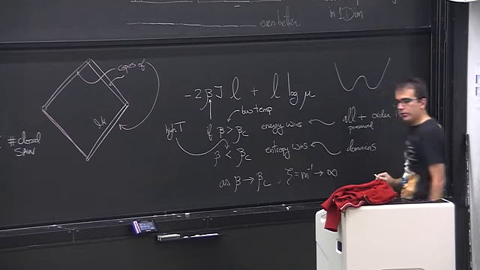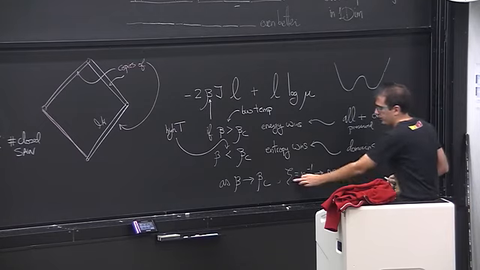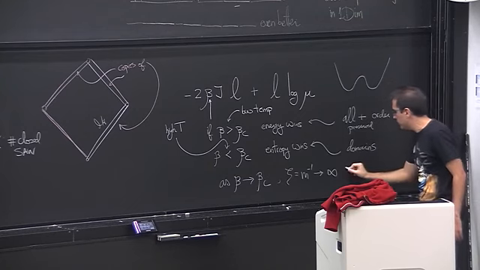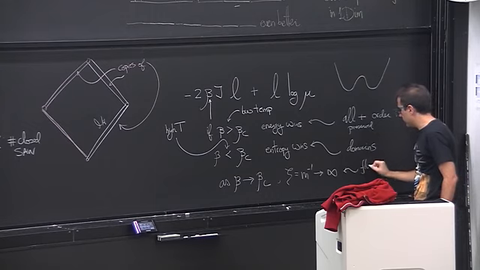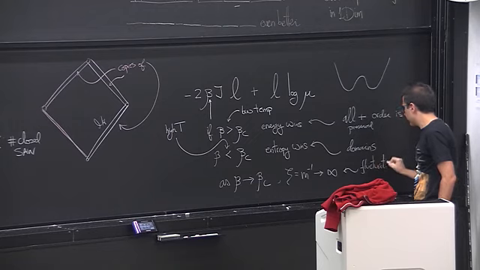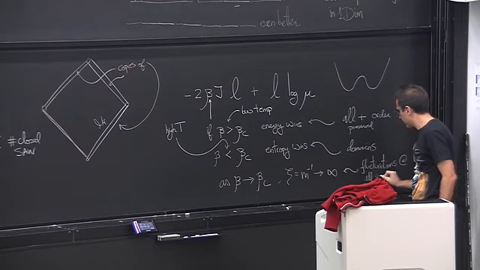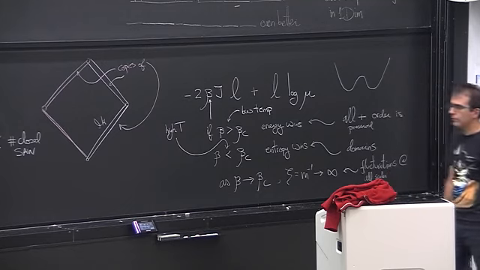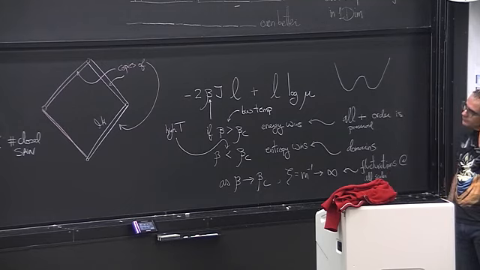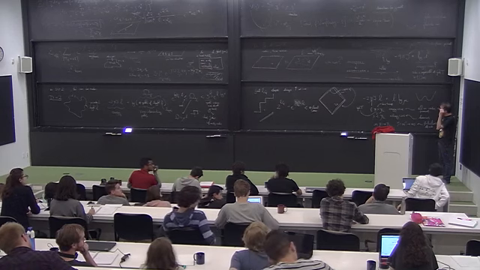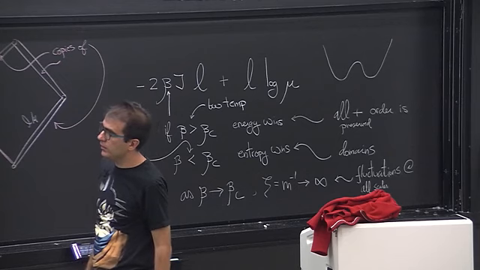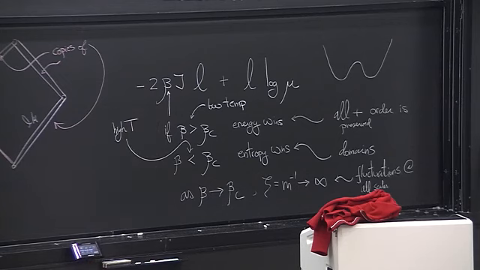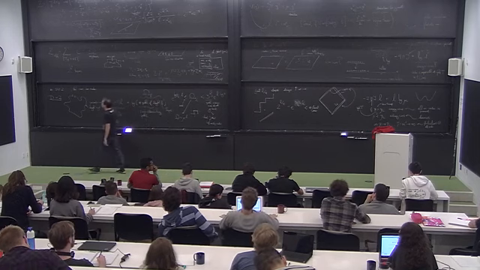The correlation length would diverge, and we would have fluctuations at all scales. This is also what happens in higher dimensions.